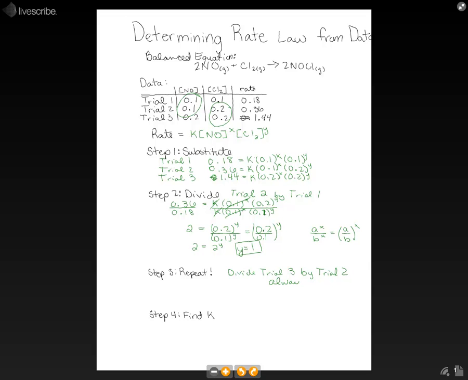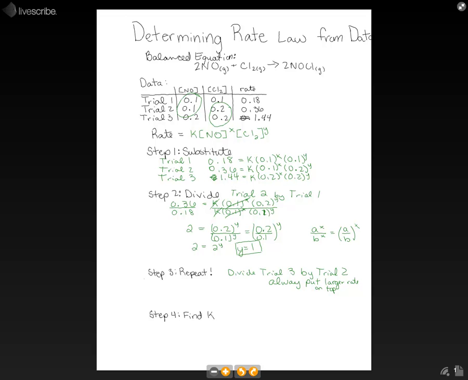And we always put the larger rate on top. So the equation with the larger rate goes on top. It makes it a lot simpler.